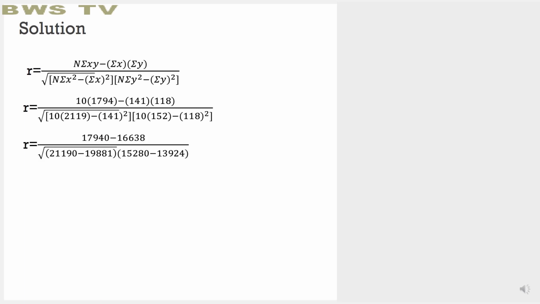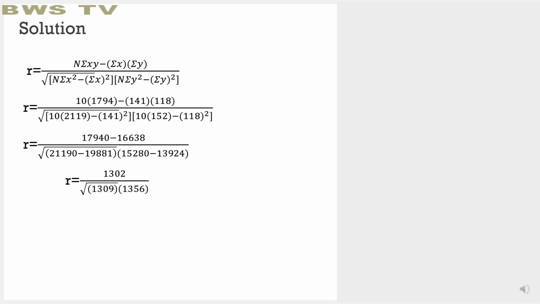Next, subtract 17,940 and 16,638. Then subtract also 21,190 and 19,881, and 15,280 and 13,924. So here's the answer, a simplified answer. Then you still have to simplify that.